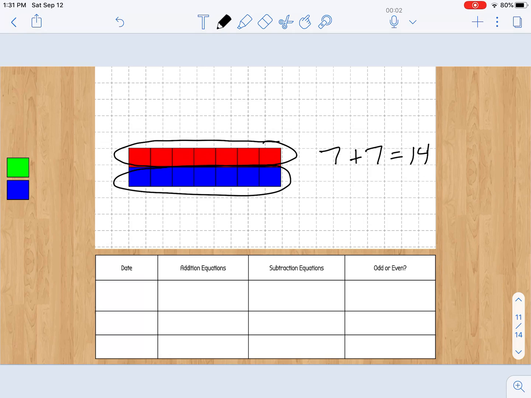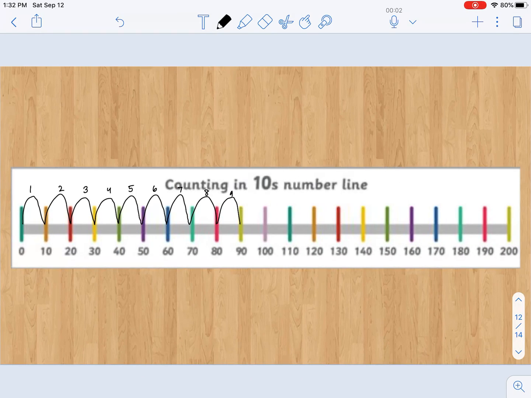Now I have to decide whether 14 is odd or even. What do you think? Is the number 14 odd or even? I think that it is even because all of the tiles have a buddy or a pair. Great job.